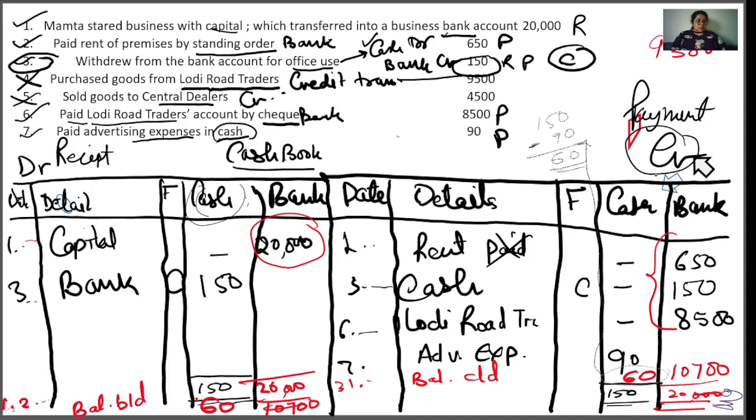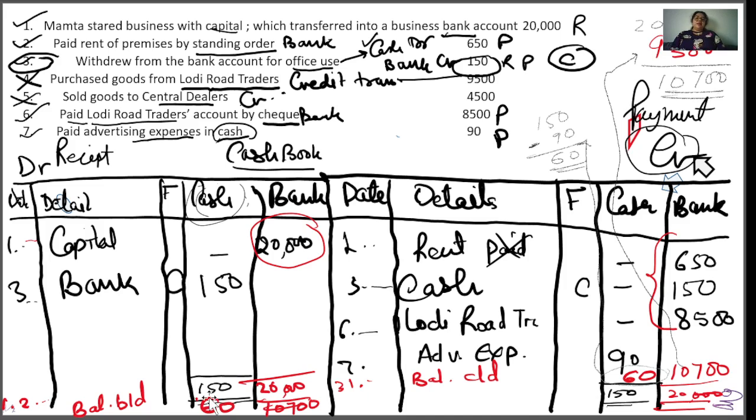You will get 60. How will you get 10,700? The difference between the debit and credit. So 20,000 minus 9,300, that is 10,700.